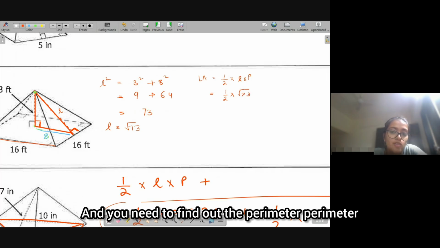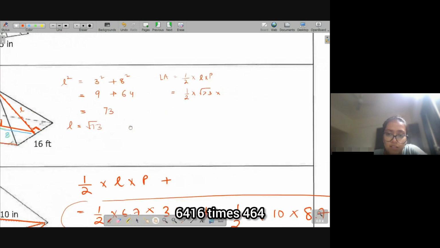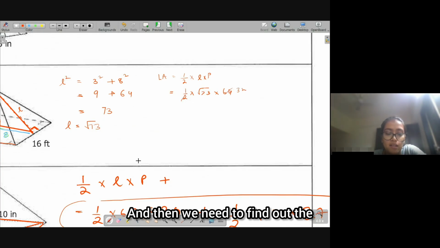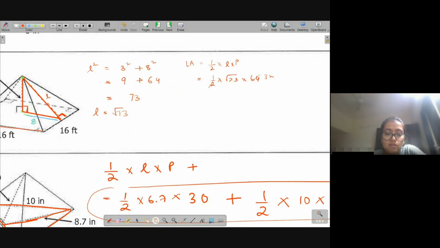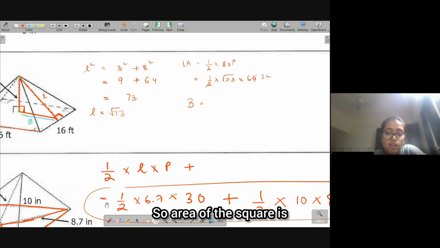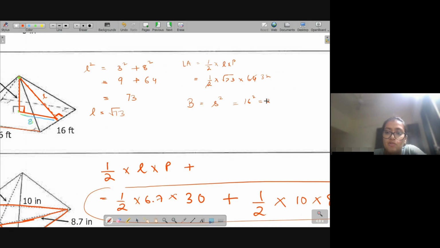You'll need to find the perimeter of the base: 16 times 4, 64. So this is 32. And then we need to find the area of the base, capital B. This is a square, so the area of the square is side squared. So 16 squared, so 256.